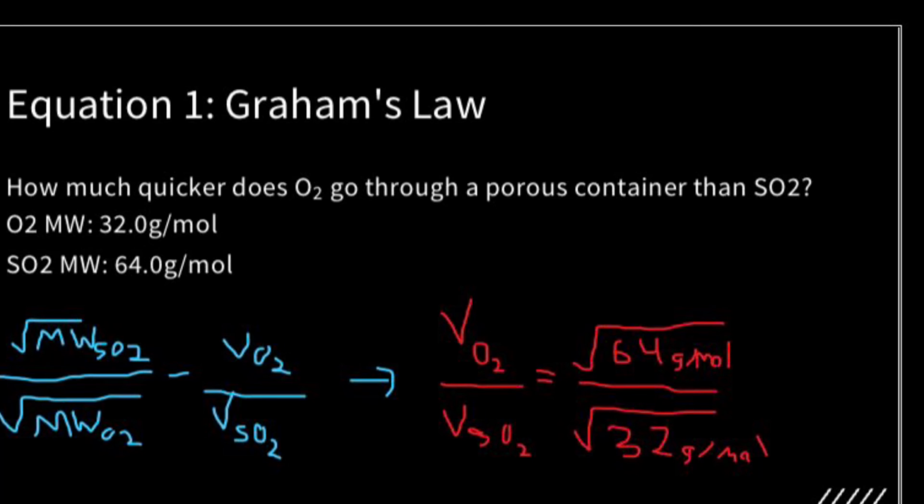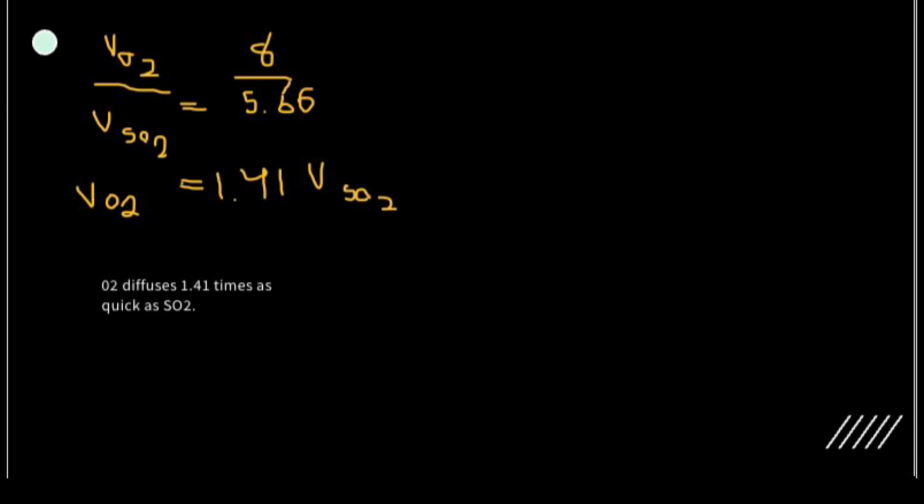Continuing, the red part that you will see on the slideshow is the next stage of our equation. The volume of O2 over the volume of SO2 equals the square root of 64 grams per mole over the square root of 32 grams per mole. Now we're on the next slide and we'll be looking at the yellow-orange color.